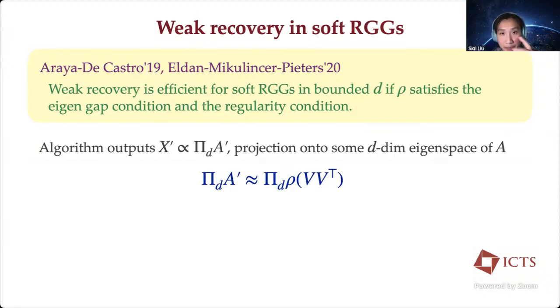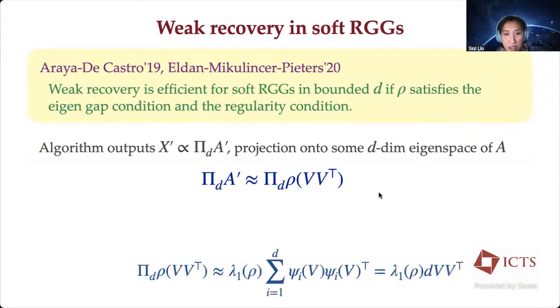This is actually the edge sampling probability matrix. So when you project this other matrix onto the top D dimensional space, it's roughly equal to projecting just the adjacency matrix to the top D dimension. So this requires something about rho.